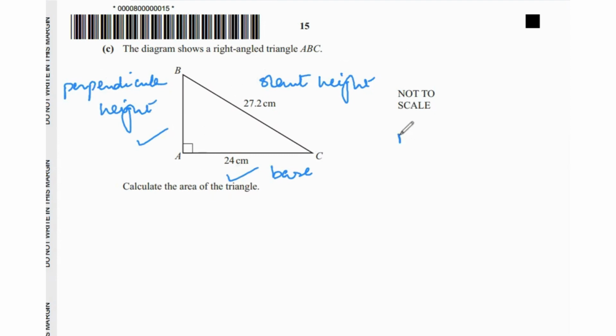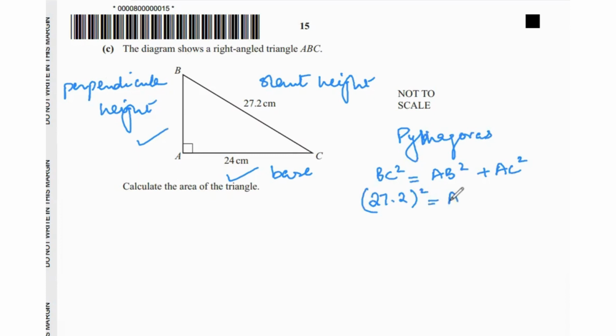So using Pythagoras, we can find the third length. So BC square, which is the hypotenuse, equals the sum of the square of AB and AC. So that means 27.2 squared equals AB squared plus 24 squared.